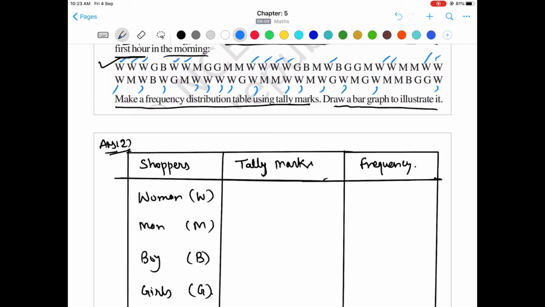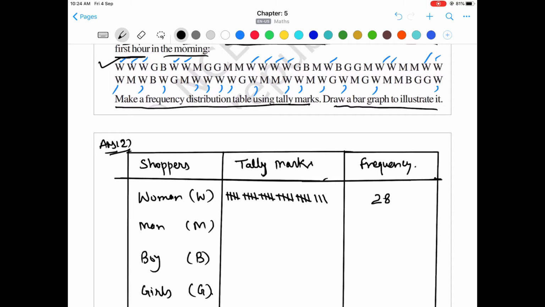Okay, so the number here is 28. So now we have to mark the tally marks, which will be like this: 1 2 3 4 5 6 7 8 9 10 11 12 13 14 15 16 17 18 19 20 21 22 23 24 25 26 27 and 28. And we'll write this frequency here, 28.